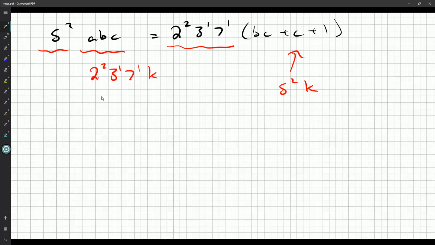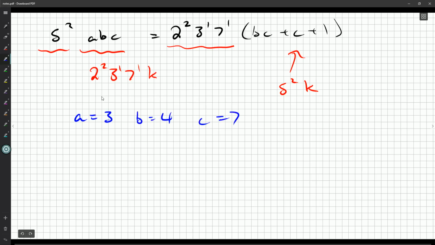Well, I'm sort of inclined to just try and take a guess and say, well, why don't we let a be 3, b be 4, and c be 7? And then we don't have to deal with this pesky k. Can we make it work there? So b times c is 28, plus another c.